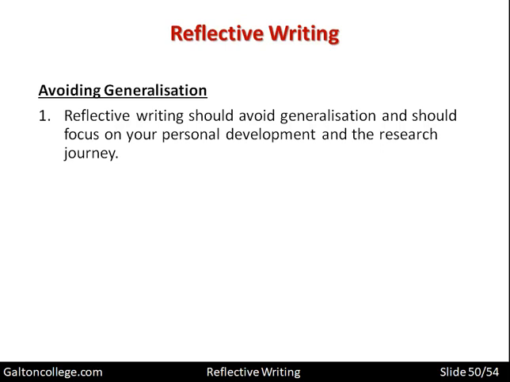So avoid generalizations. Focus in on what you learned from the experience and what you encountered in the experience. Try to avoid saying everyone will feel this or everyone will have the same experience. They won't. Other people reflecting on their work will have different experiences, chances are.